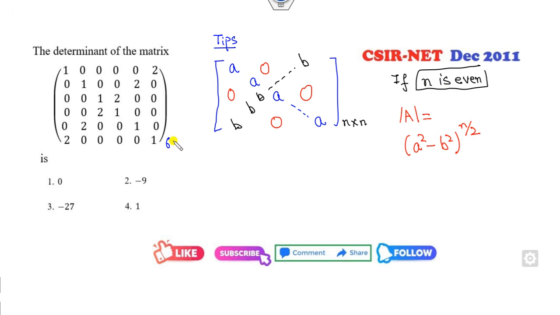Now clearly this is 6 cross 6, a is 1, b is 2, n is 6. Substitute these values: 1 minus 4, so that is again minus 27, the right answer.